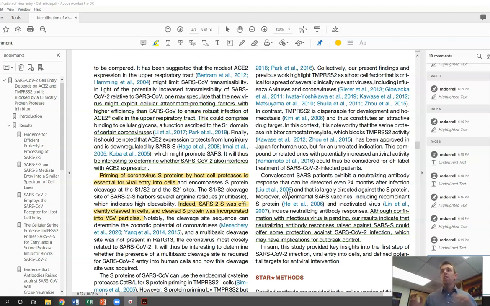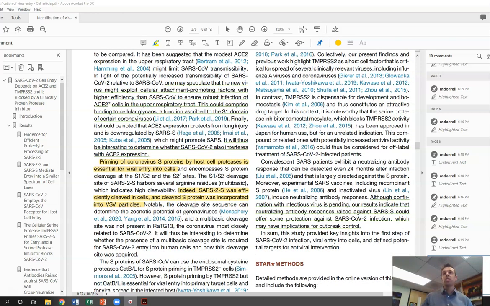That one's optional. But the take-home message here on the discussion is that we have direct statements of what they've shown, their conclusions. And I didn't talk about it earlier, but they even go into exact data, which are in the results. Right? SARS-2S was efficiently cleaved in cells, and cleaved S protein was incorporated into VSV particles. We'll talk more about VSV particles, but this is an exact result from one of the figures.